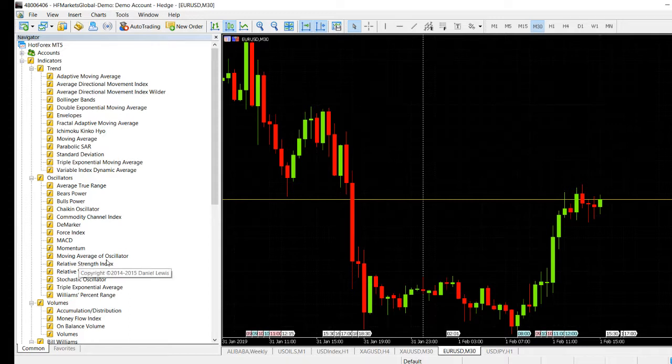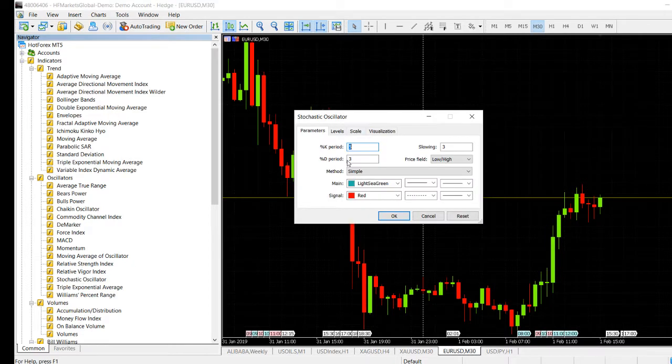Okay, so for the 1 hour chart, as I told, we can use the setting of 1033 or 1433. Let's use 1433, for 30 minutes to 1 hour chart.